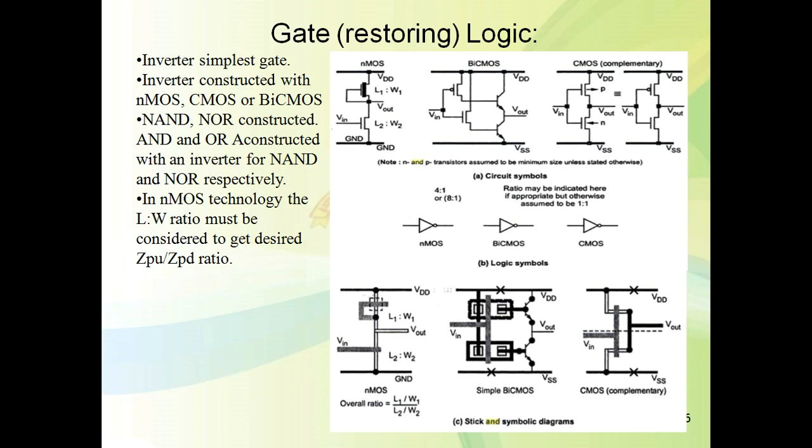We know how to form the inverter. An inverter is constructed in all the technologies. We already know how to form the inverter in NMOS as well as in CMOS, and we will see here how to form the inverter in the case of BiCMOS. So we can form the NAND gate and NOR gate.